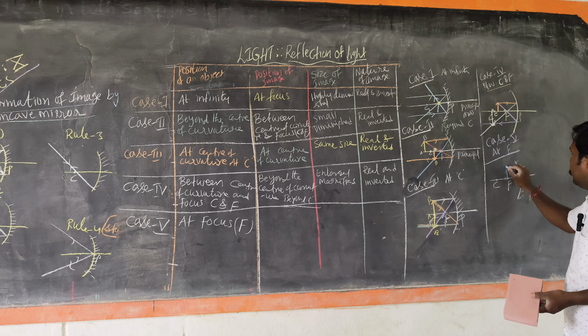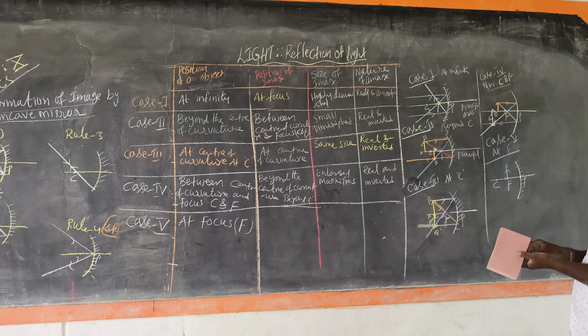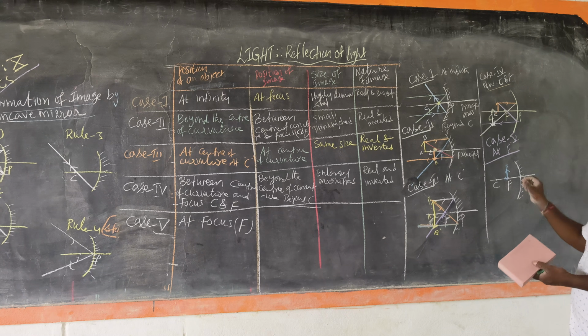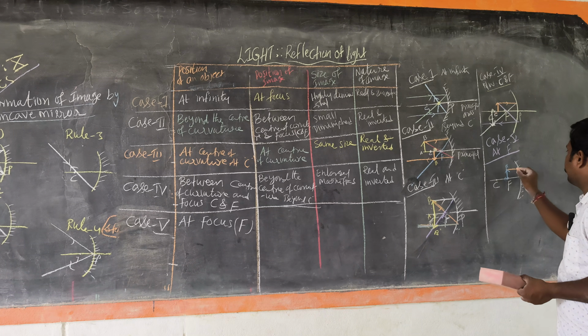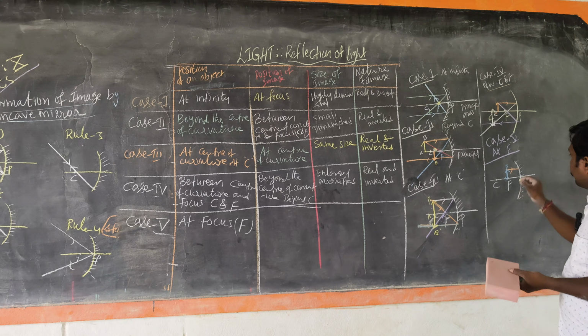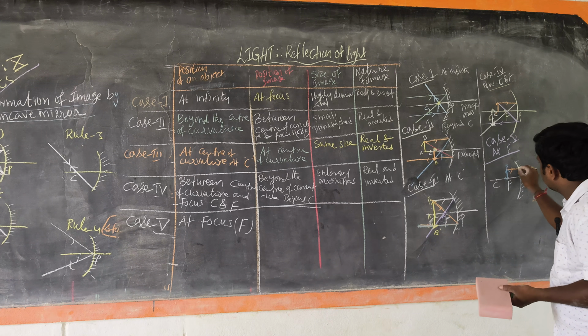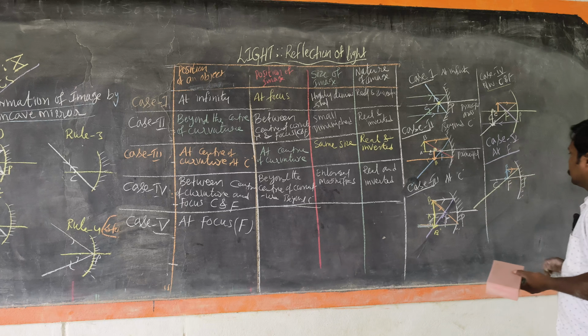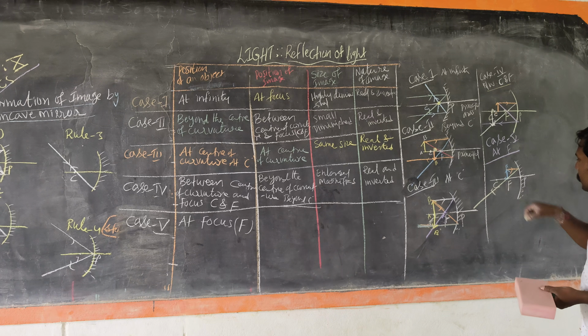So A, B, and the first ray parallel to the principal axis, always first. After that what will happen? It is reflected through the focus.